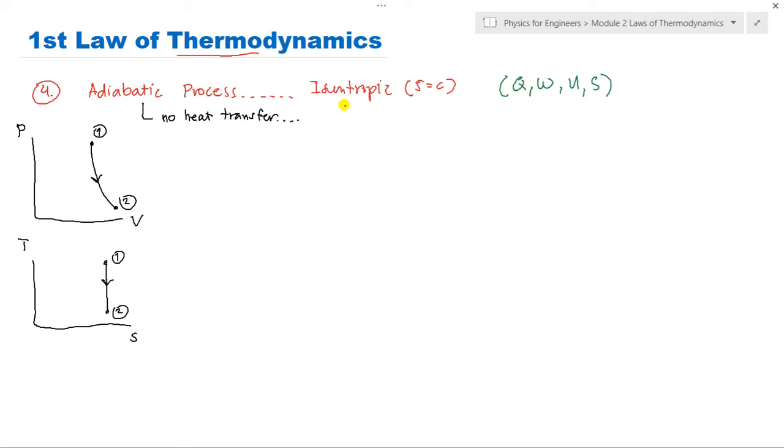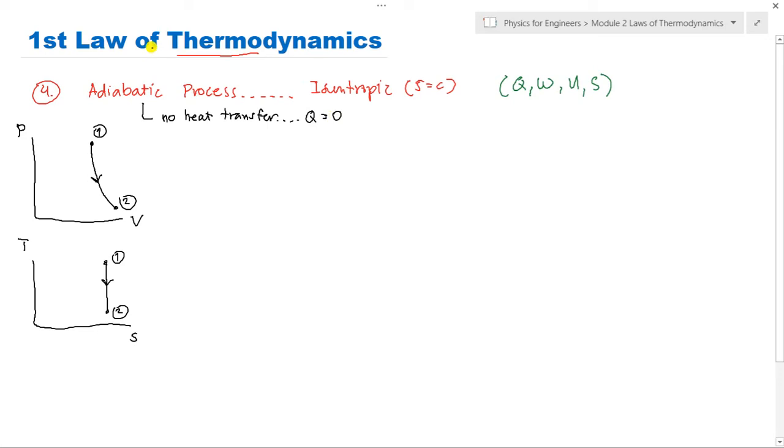What would be our Q? If there is no heat transfer, Q is equal to 0. So Q is equal to 0.